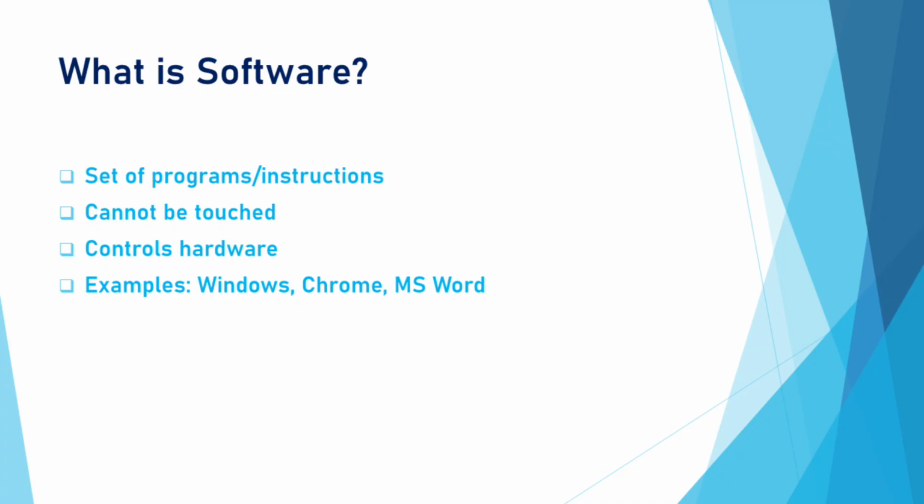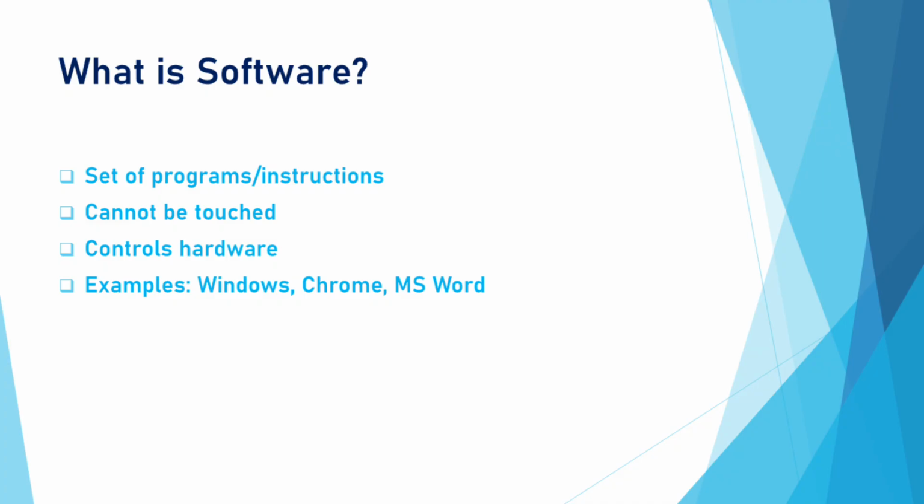It exists as digital code stored inside a computer. In a previous video, we have already discussed that the computer can only understand digital language, which is nothing but zeros and ones.